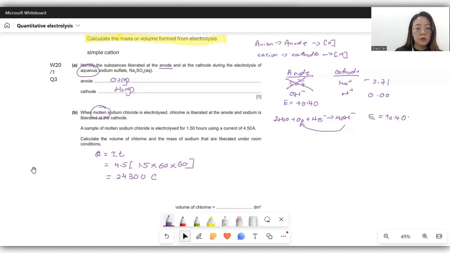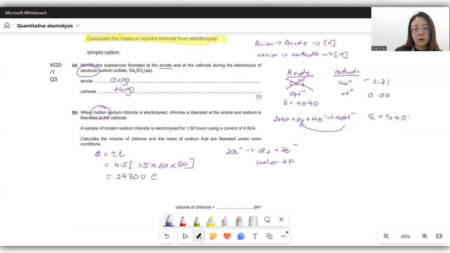Now you need to look at the equation for chlorine. So for chlorine, if you go to the standard electrode potential, what we can see here is we need 2 Faraday to liberate 1 mole of chlorine gas. So theoretically, 2 Faraday will be able to give you 1 mole of chlorine gas.